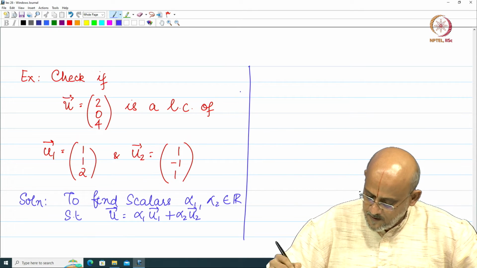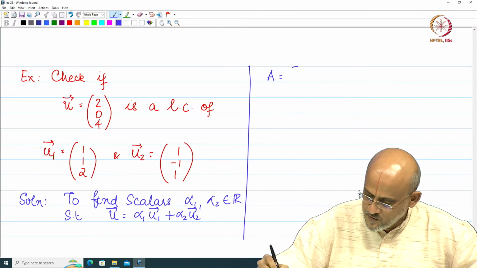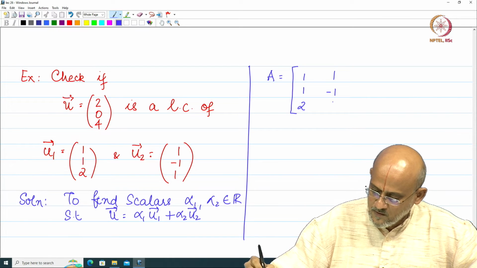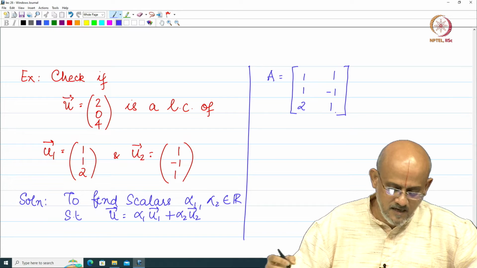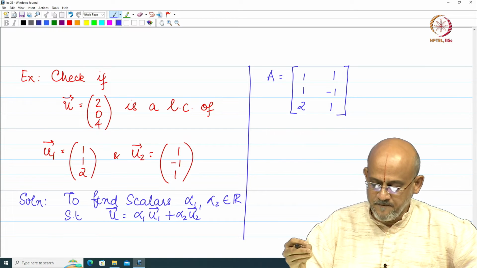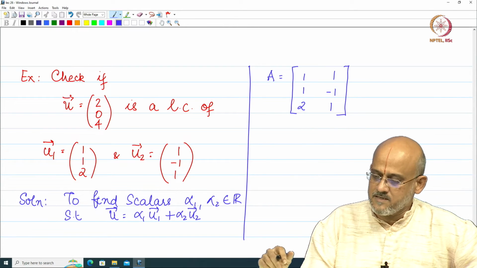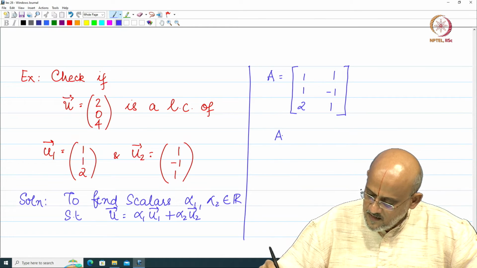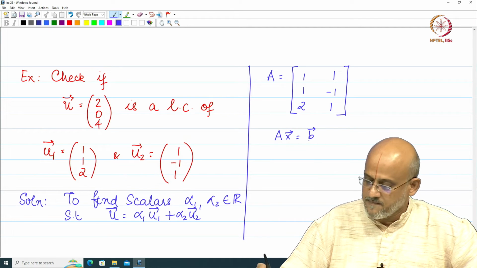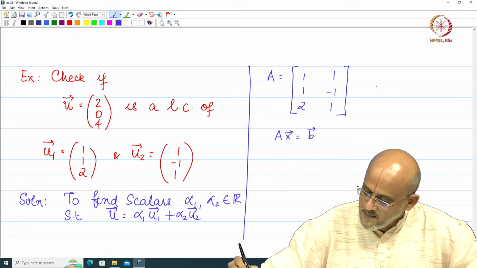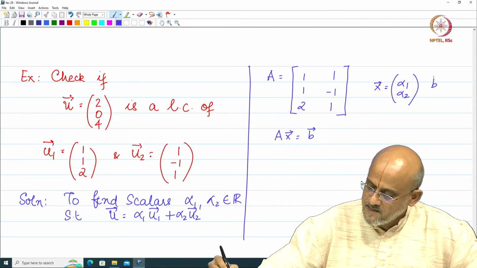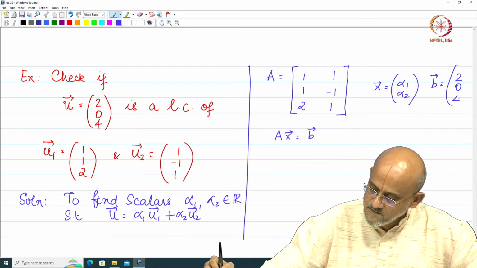First of all, construct a matrix A in which you put these two vectors, u1 and u2. So, I will take 1 1 2 and then 1 minus 1 1. This becomes the matrix A. If you have n vectors, you put those vectors as the columns of the matrix A, and then we want to check if Ax equals B has a solution for the given A and B. That means X is going to be my alpha 1 and alpha 2, and the B vector is going to be 2 0 4.